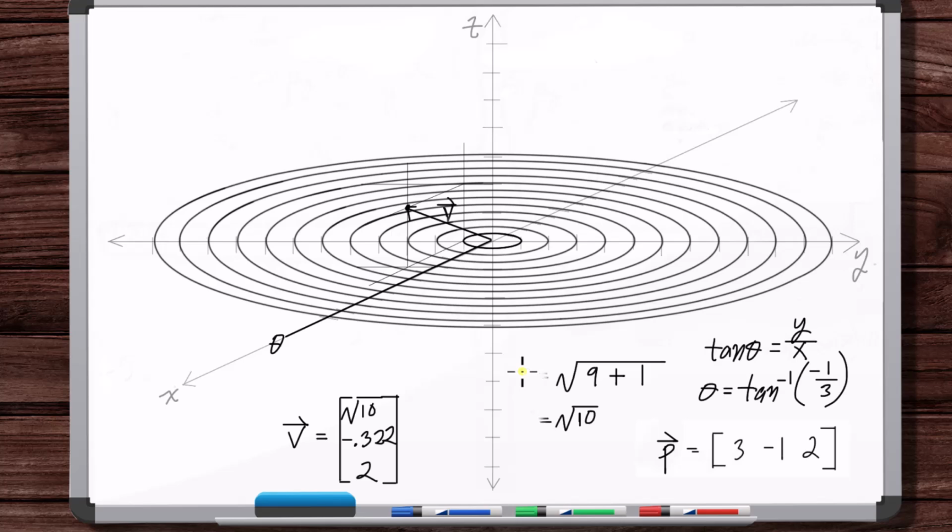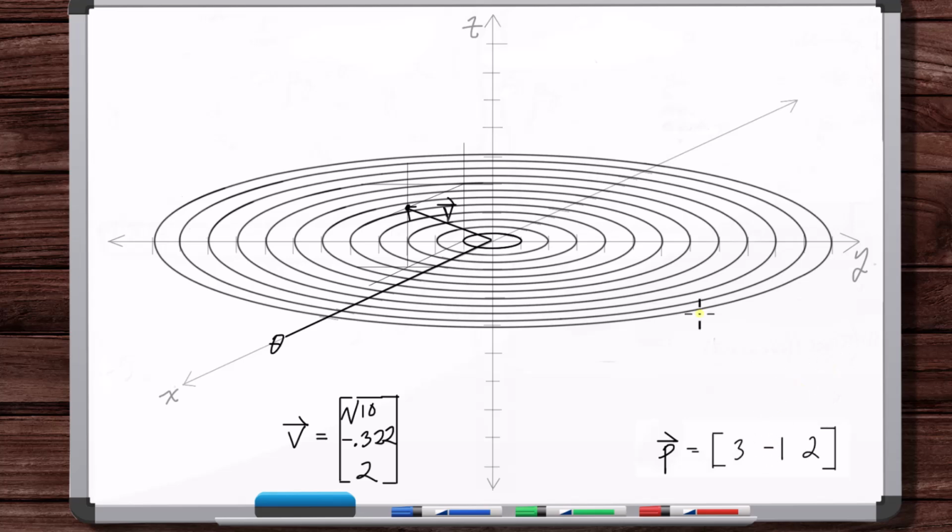Okay, but let's go ahead and plot vector p with the same numerical values, 3, minus 1, 2, that were used for v in rectangular, but now let's plot these same numerical values in cylindrical. Same process. We start at the origin. That's the start point. Then we go 3 units in the r direction, 1, 2, 3.